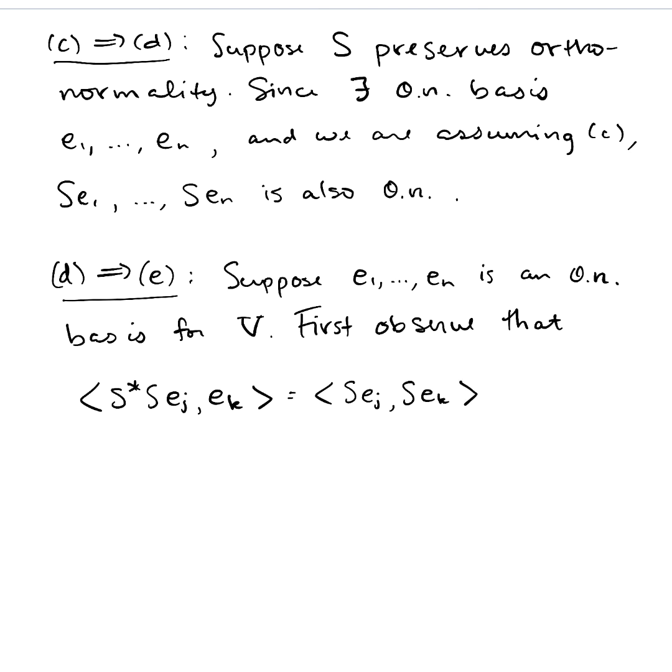Now, we are assuming part D, and we know that SEj, SEk is orthonormal by part D. So that quantity is either 1 when j equals k or else 0.